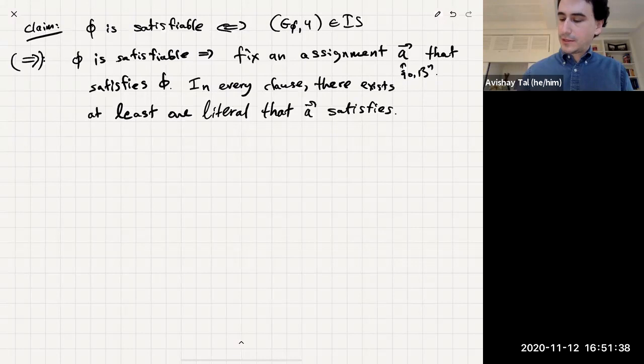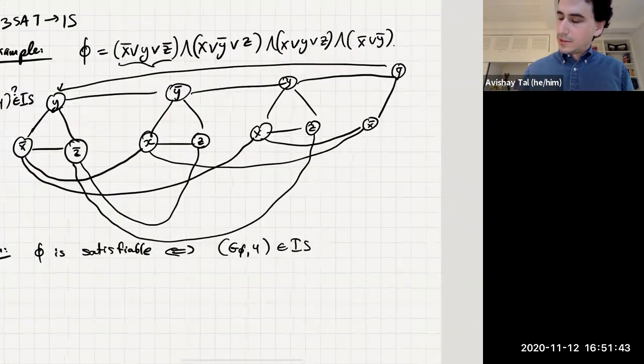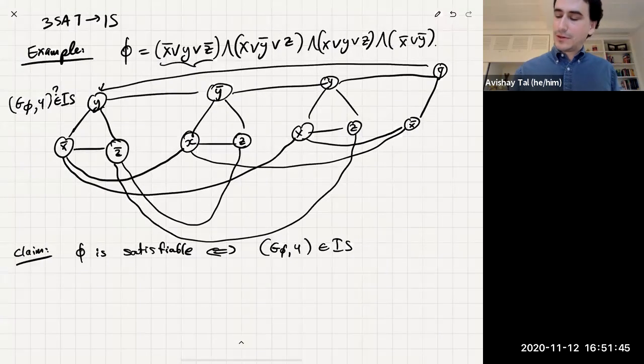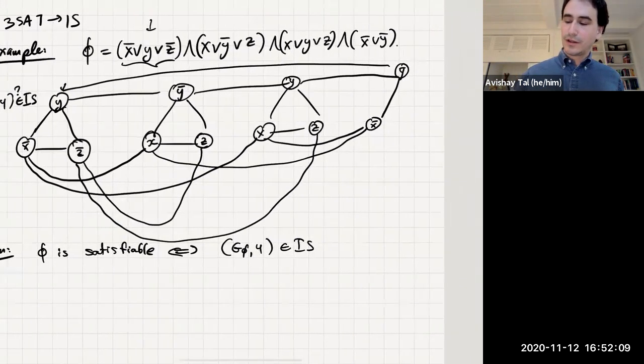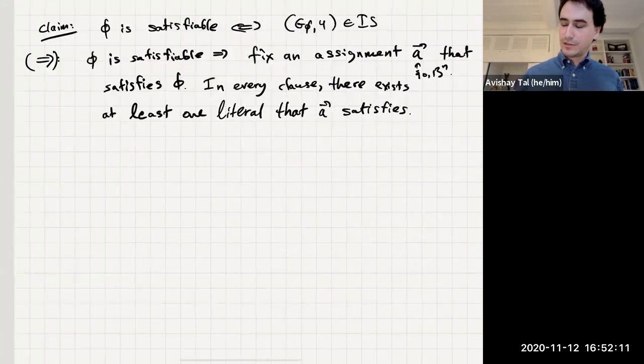If we go back, sorry about going back and forth, let's say we pick some assignment that satisfies this entire thing. It's hard for me to come up with it on the fly, but let's say that 0, 0, 0 is such an assignment. I look at this first clause, and at least one of these variables has to be satisfied by this assignment. It could be that more than one of them is, but I'm going to pick only one literal that is satisfied in each clause.